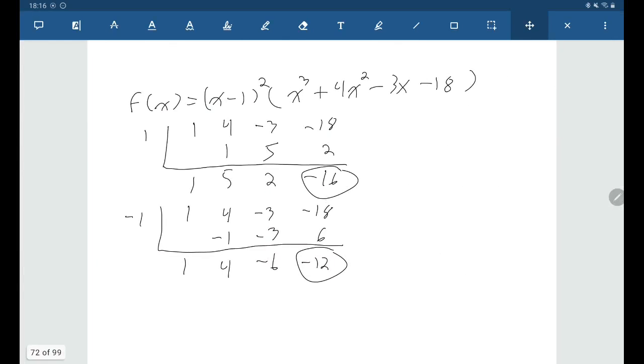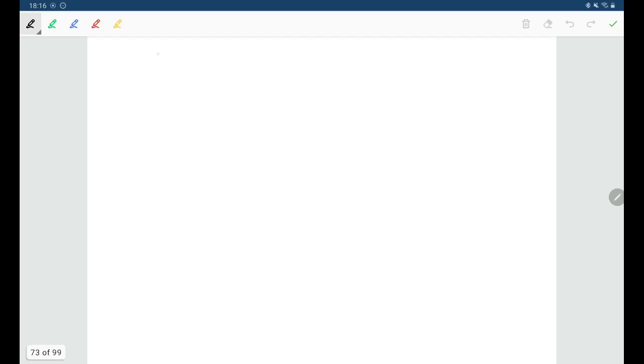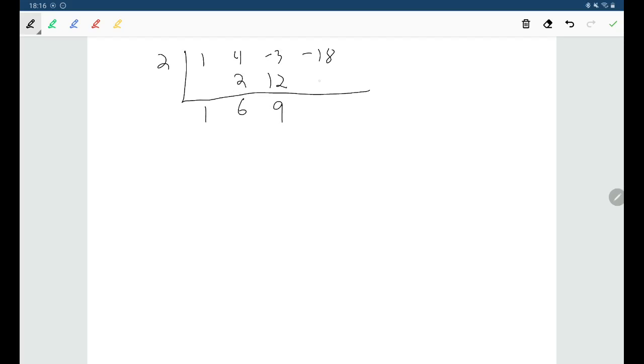So now we'll continue to work with 2. Okay, so I'll bring down, I'll multiply, I'll add, I'll multiply, I'll add, I'll multiply, and I will add. Oh, there we go.